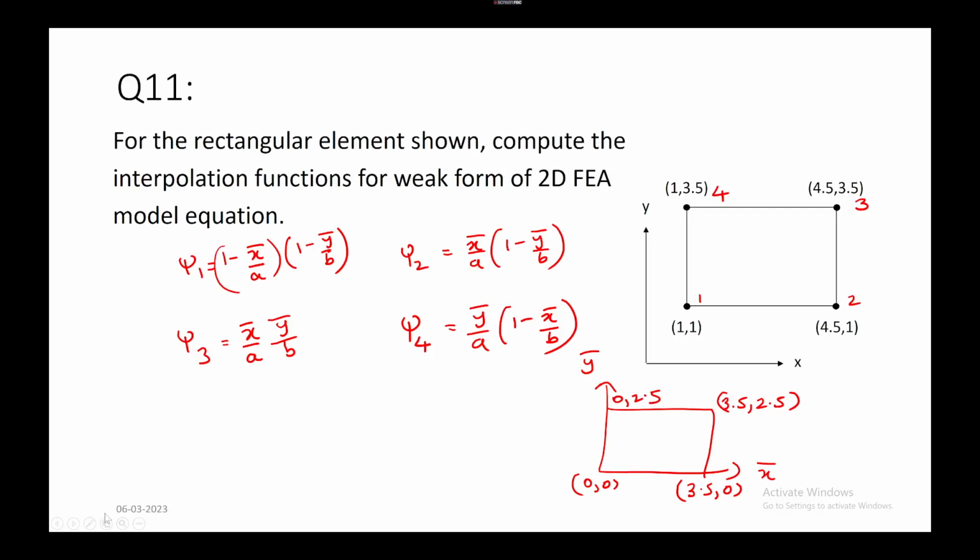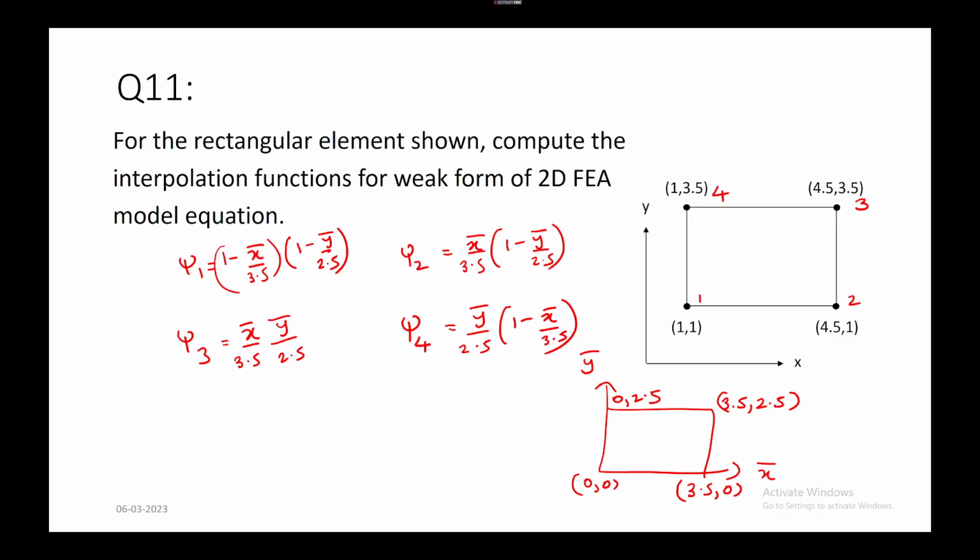Okay. Here I replace the AB. I will put 3.5 2.5 directly. Okay, again now we have got the function, but how will you verify?